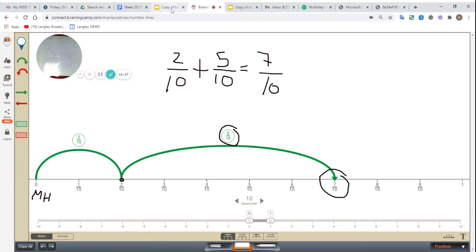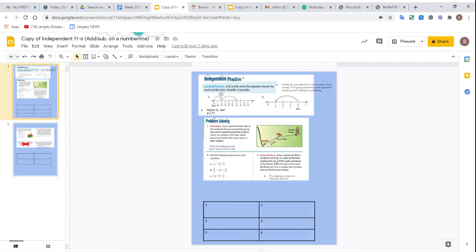But I also put the link in Schoology for you. So let's take a look at your assignment. Hold on, guys. Something happened with my bubble here and I can't see it. There we go.